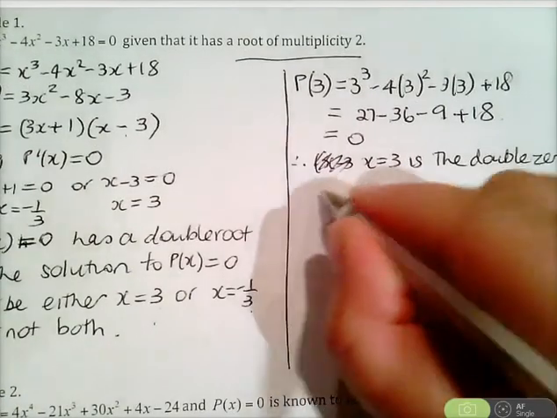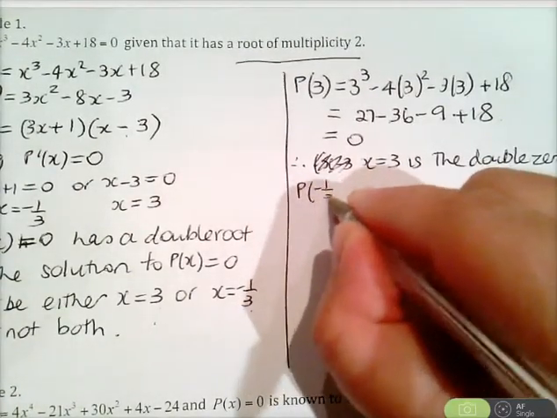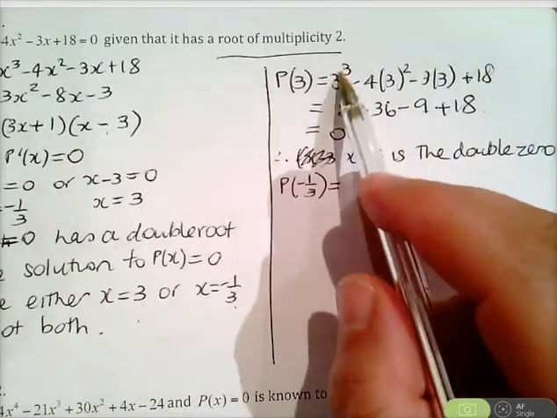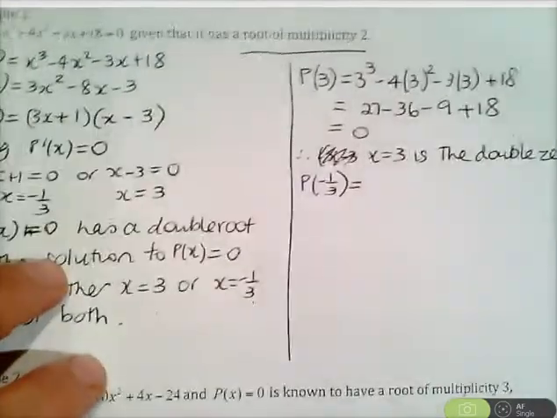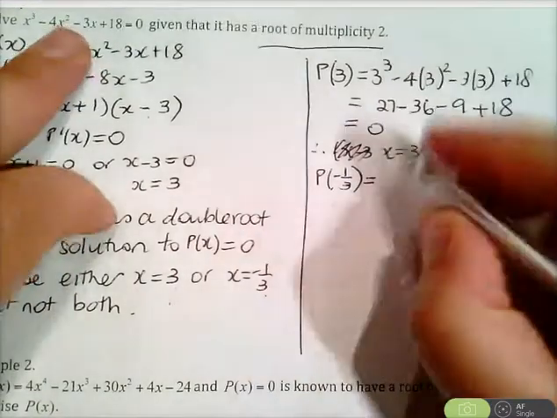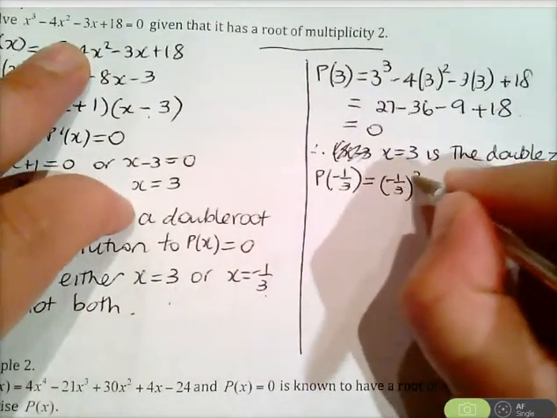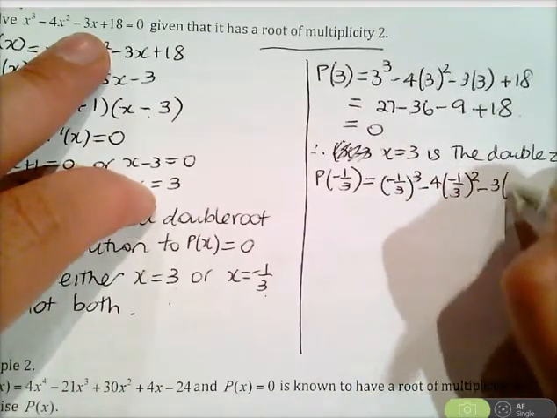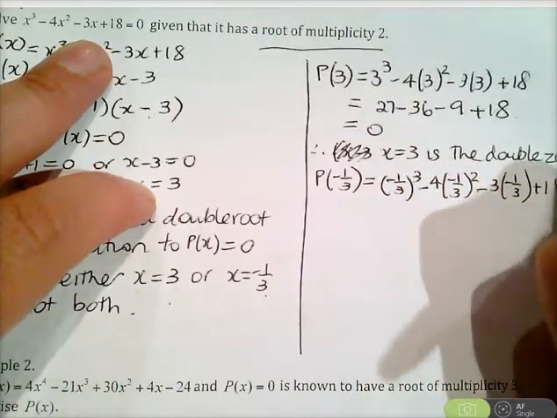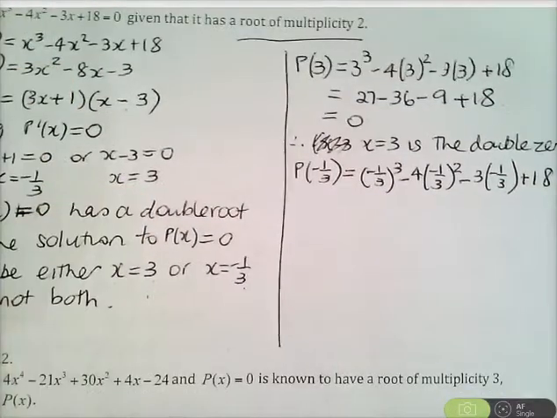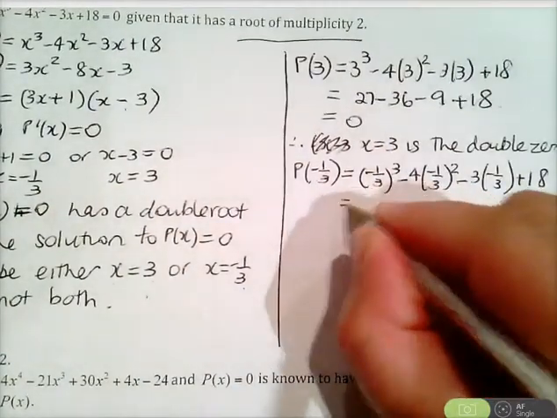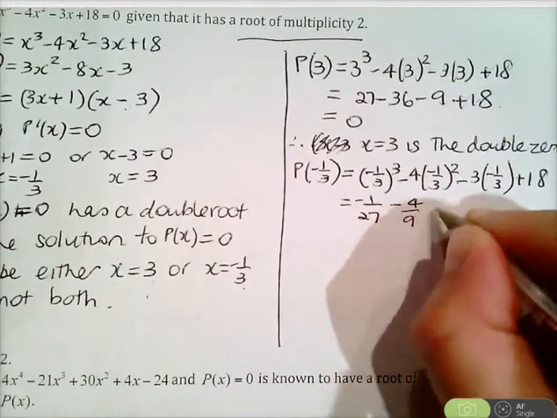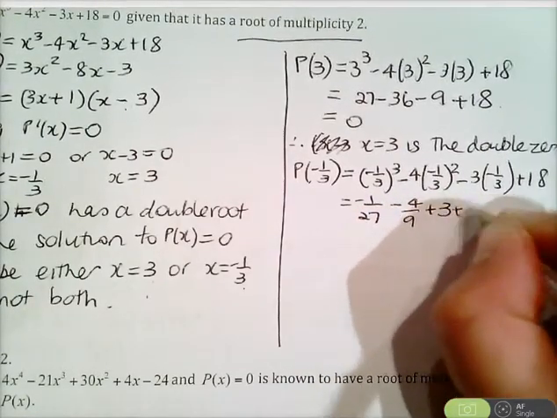So let's just double check if you would have tried p of negative a third. If we do p of negative a third into the original equation, we get negative 1/3 cubed minus 4 times negative 1/3 squared minus 3 times negative 1/3 plus 18. Okay, we get negative 1 on 27 minus 4/9 plus 3 plus 18.